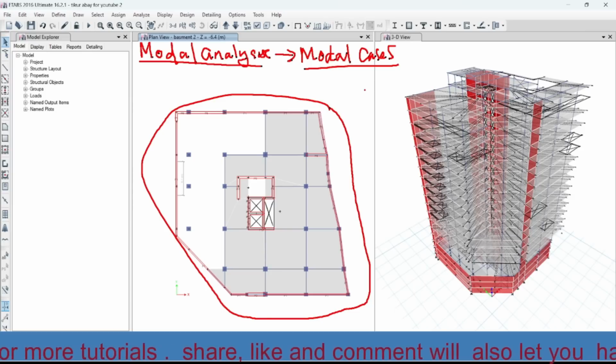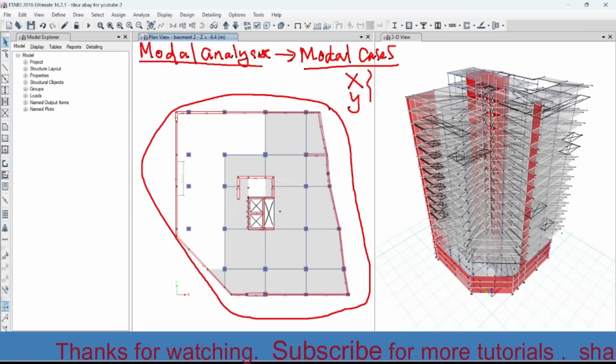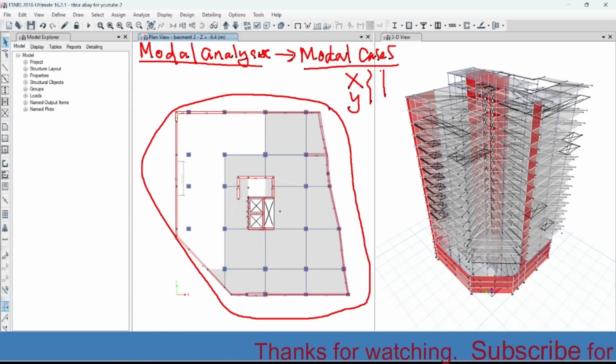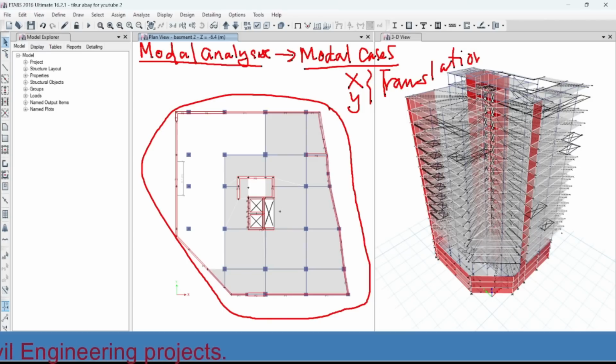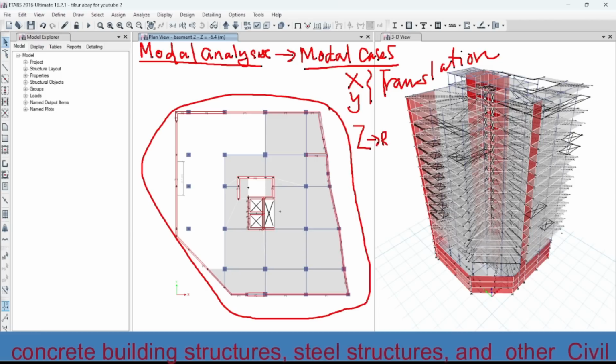That means the x and the y, which is the translation, and in z direction there will be rotation.